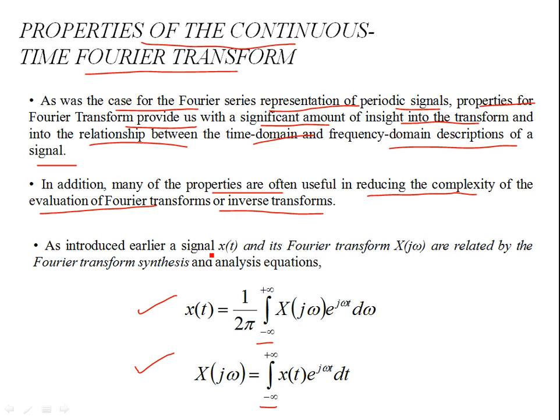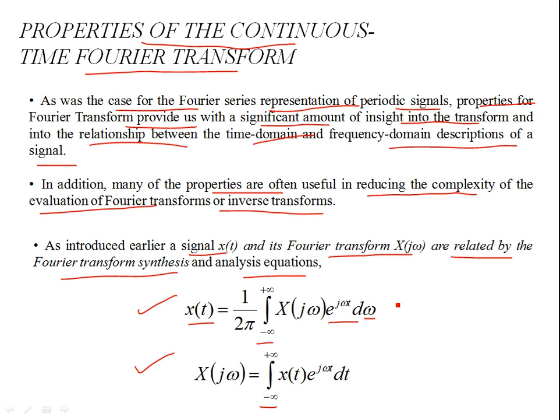As introduced earlier, a signal x(t) and its Fourier transform X(jω) are related by the Fourier transform synthesis and analysis equations. For example, over here x(t) is also being represented by complex exponentials having the weight of X(jω)/2π dω, where ω is basically kω0. If you recall the reasoning in the previous videos, as the time period becomes large, the fundamental frequency ω0 = 2π/T becomes small.